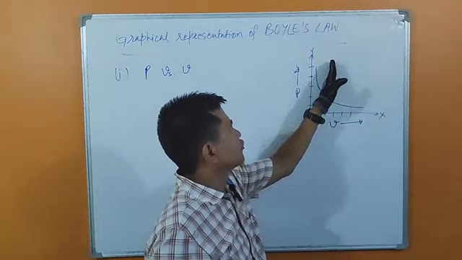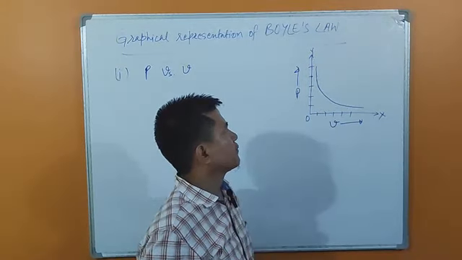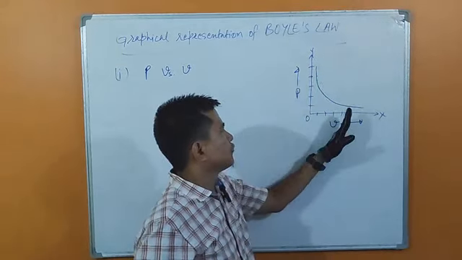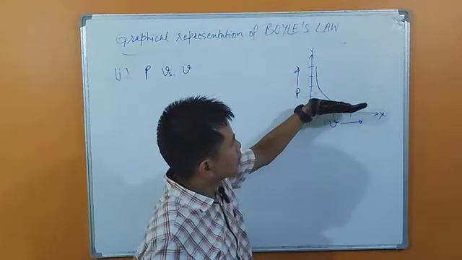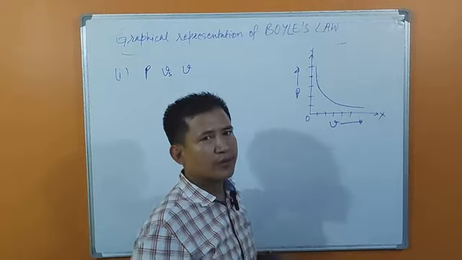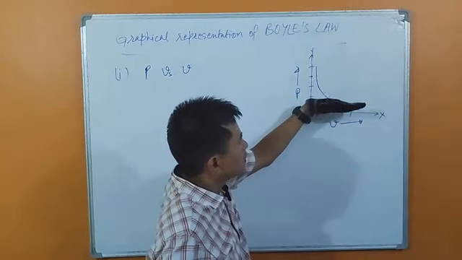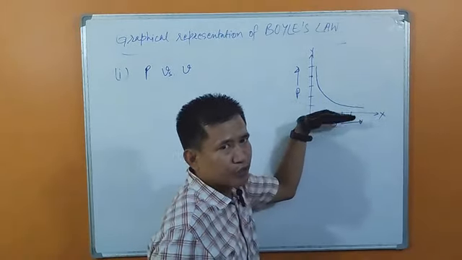If this graph touches the y-axis, what does that mean? This means that the volume of the gas can be 0. And if this curve touches the x-axis, this means that the pressure of the gas can be 0.